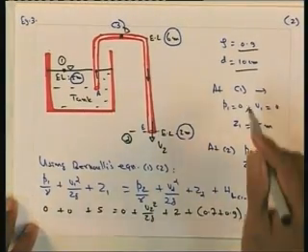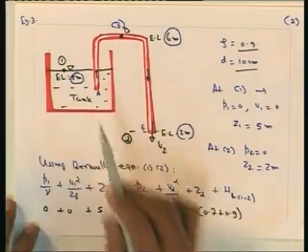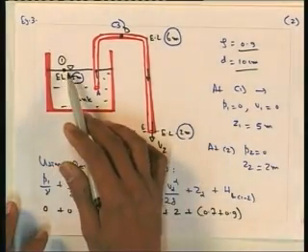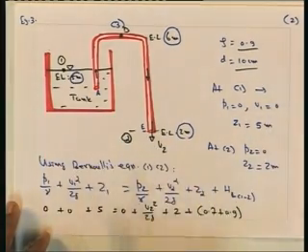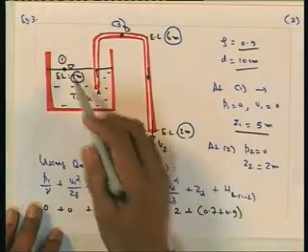Now if you consider point 1, we can see that this tank is open to atmosphere, so the pressure P1 is equal to 0. Here there is no velocity of fluid, so V1 is equal to 0, and the elevation head Z1 is 5 meter for this problem.